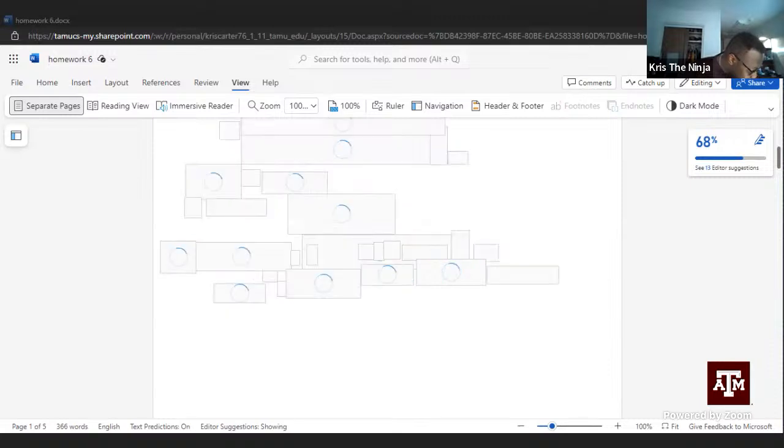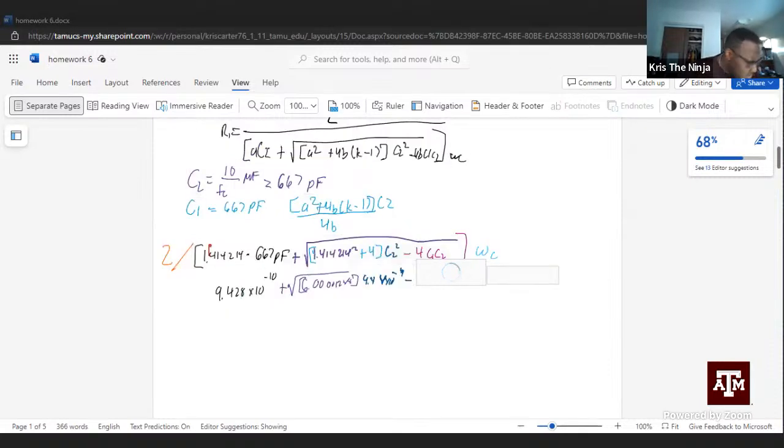So now we have that 6.0 term times C2 squared. That gives us 2.667 times 10 to the minus 18th, this also goes all the way through to the end of the bracket, minus 1.777 times 10 to the minus 18th.